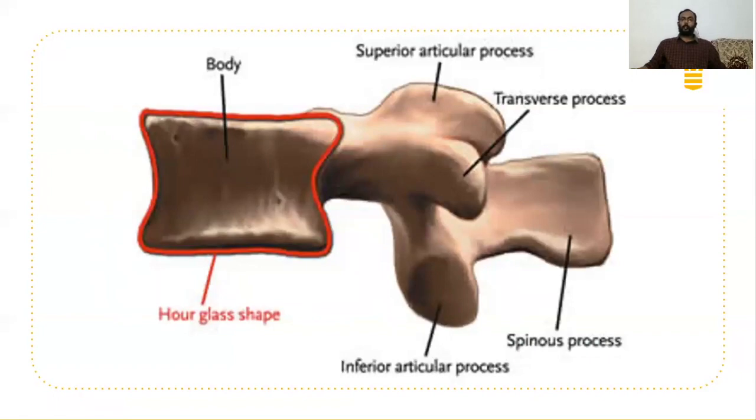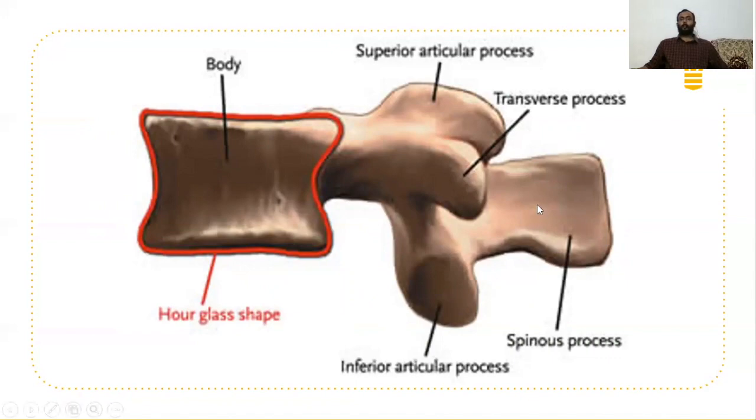Please note that in sagittal view, when we are looking from the side, the body of the vertebra is hourglass in shape. Please note this is the superior articular process, and this is the inferior articular process, which articulates with the superior articular process of the vertebra just below and forms the apophyseal joint or facet joint.